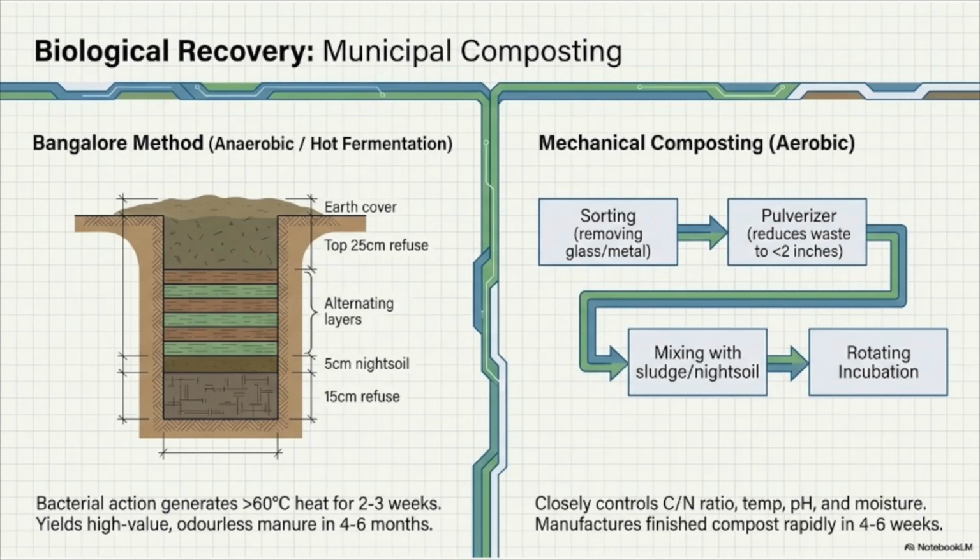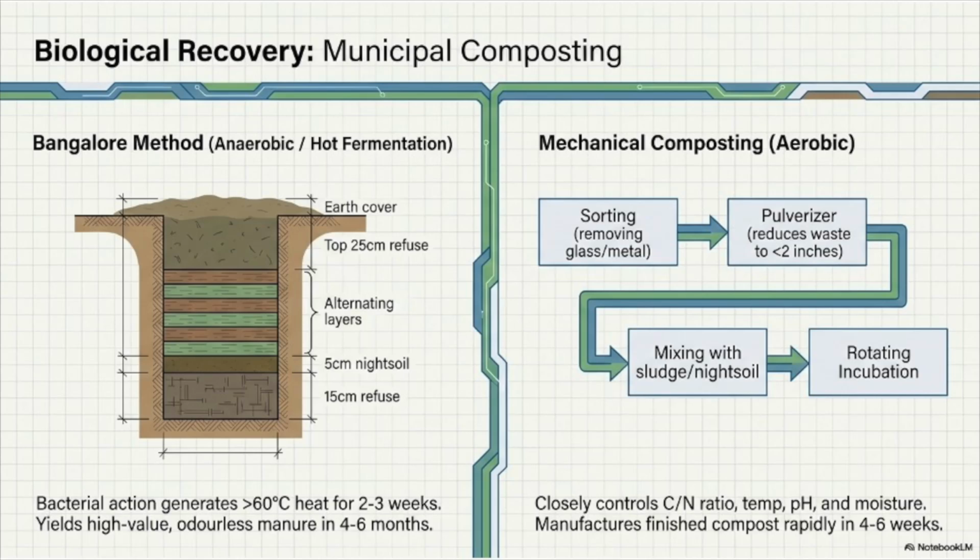The pulverized waste is then mixed with sludge or night soil, which helps introduce the necessary microorganisms and nutrients needed for decomposition. Finally, this mixture goes through a rotating incubation process where it is continuously turned and aerated.